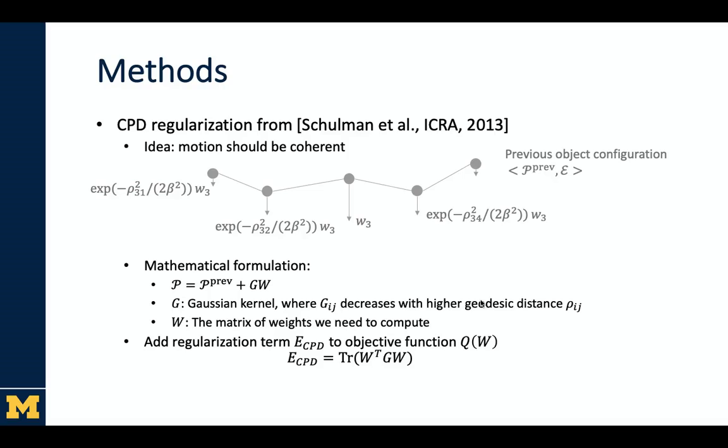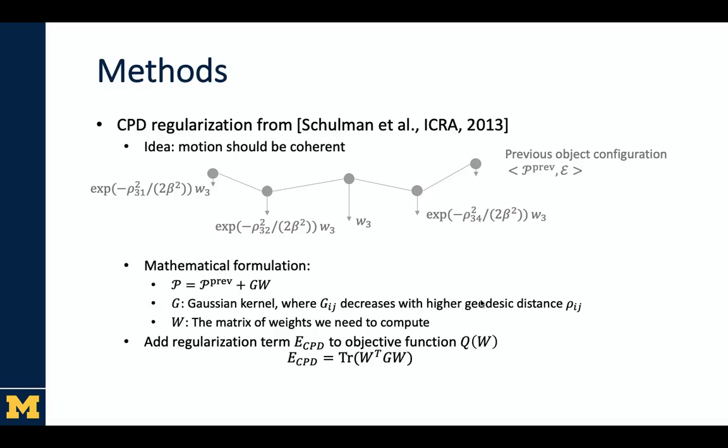However, simply using GMM is not enough, because motion in GMM could be arbitrary, while we would like to have coherent motion. Therefore, Schaumann introduced the CPD in the deformable object tracking. The idea of CPD is that every point motion should relate with other points. For example, if the third point has a velocity W3, the related point will have the velocity in the same direction with an exponential coefficient in front.